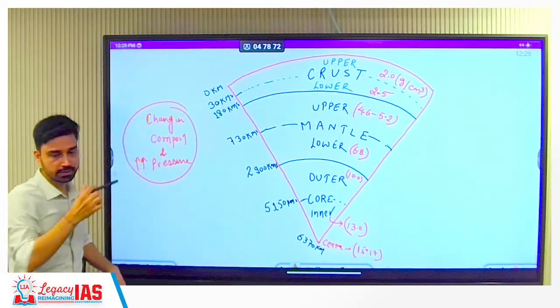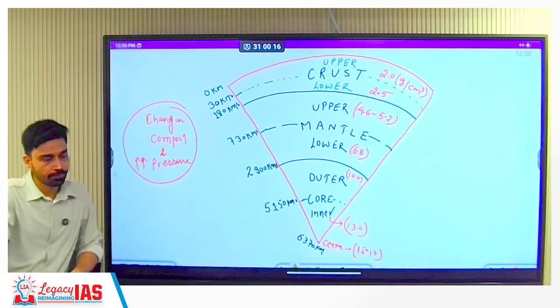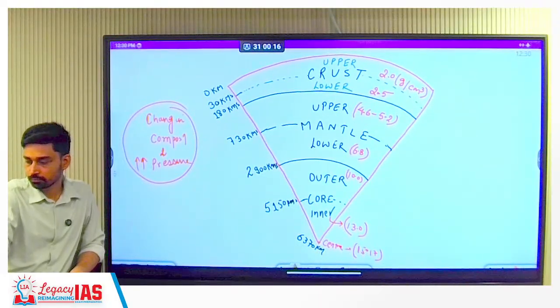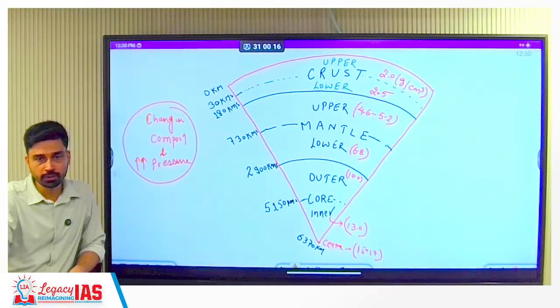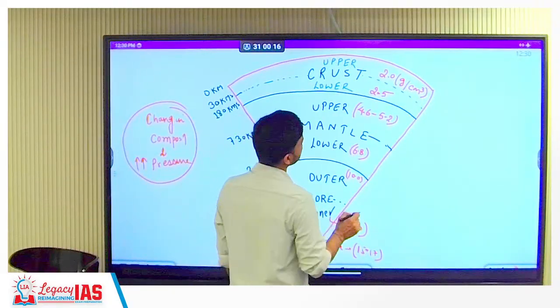Both of them can be considered a reason behind increasing density. The change in composition and increase in pressure. Understood? So that is about the density changes.